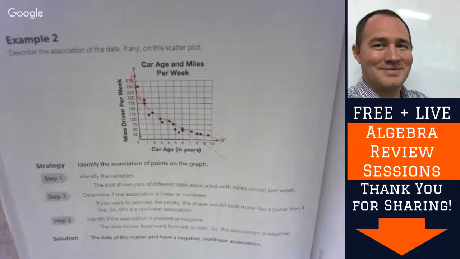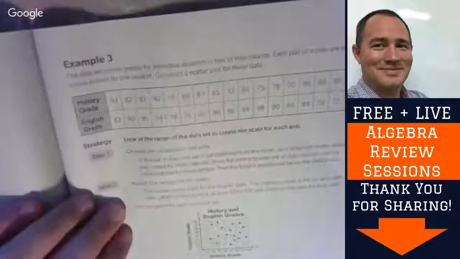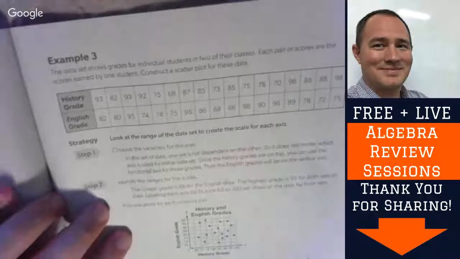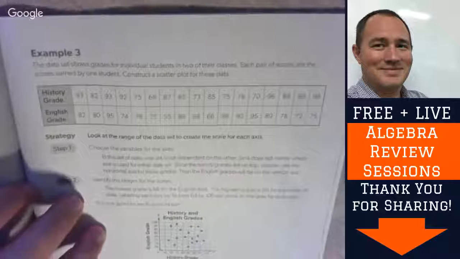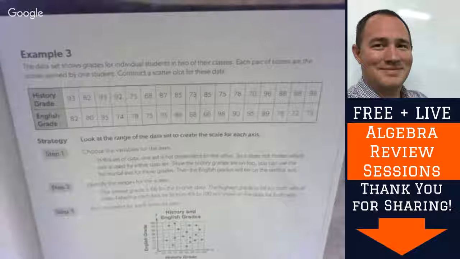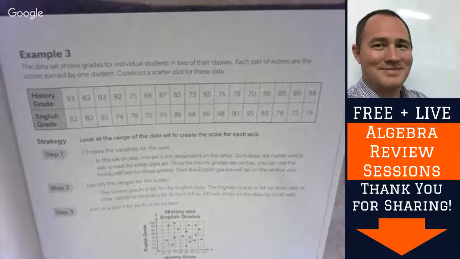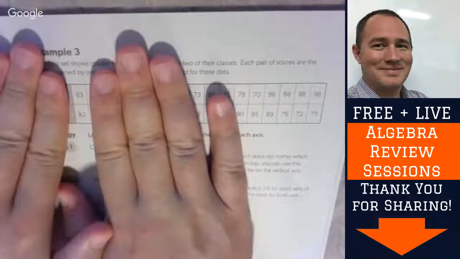Okay, moving on. So this next data set shows the grades of individual students in 2 of their classes, and each pair of scores are earned by 1 student. Okay, so this is 1 student's data.